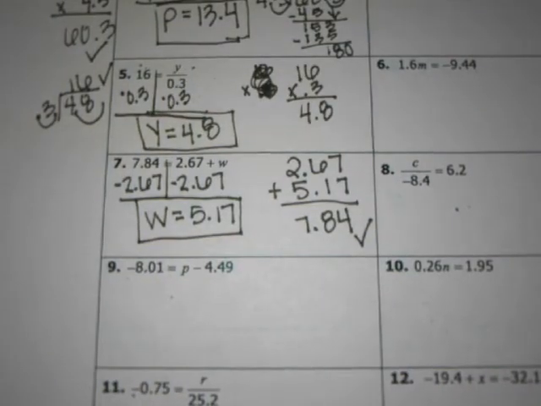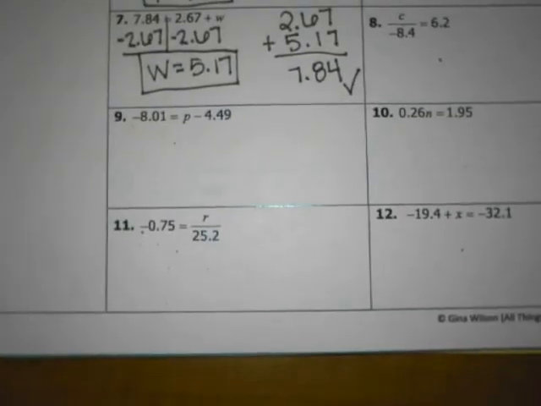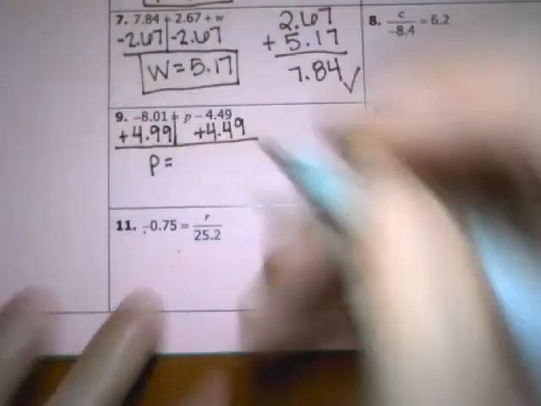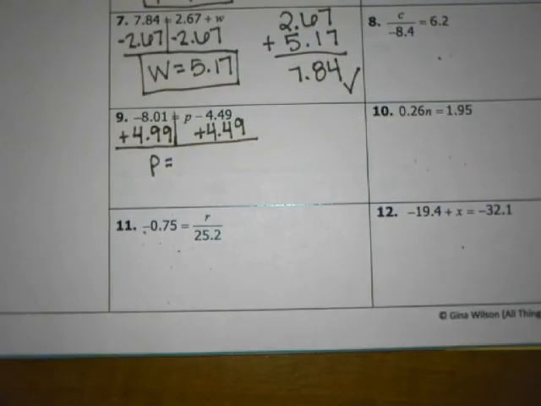All right, number 9. I want to get P all by itself. What do I need to do to get P all by itself? What do I have to remember on this problem? Your integer rules.